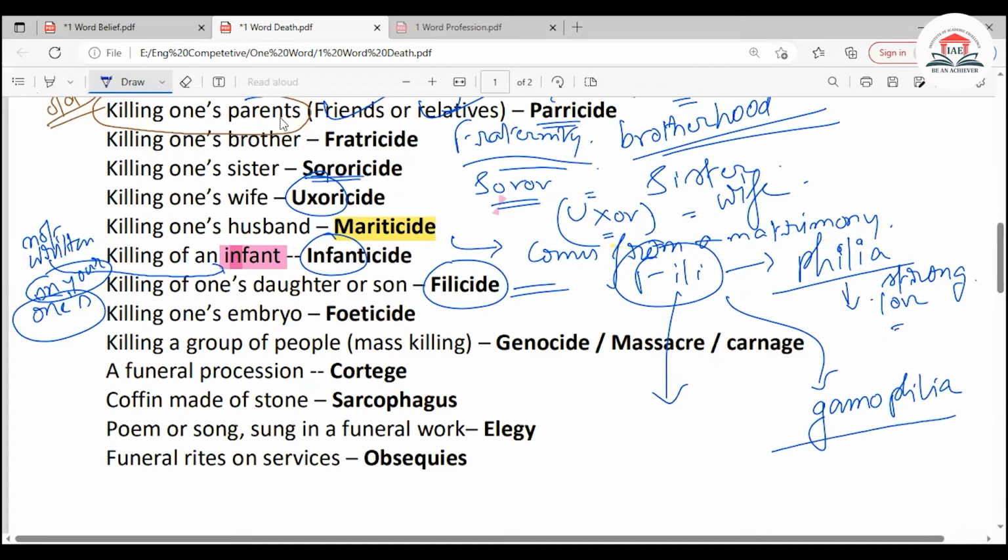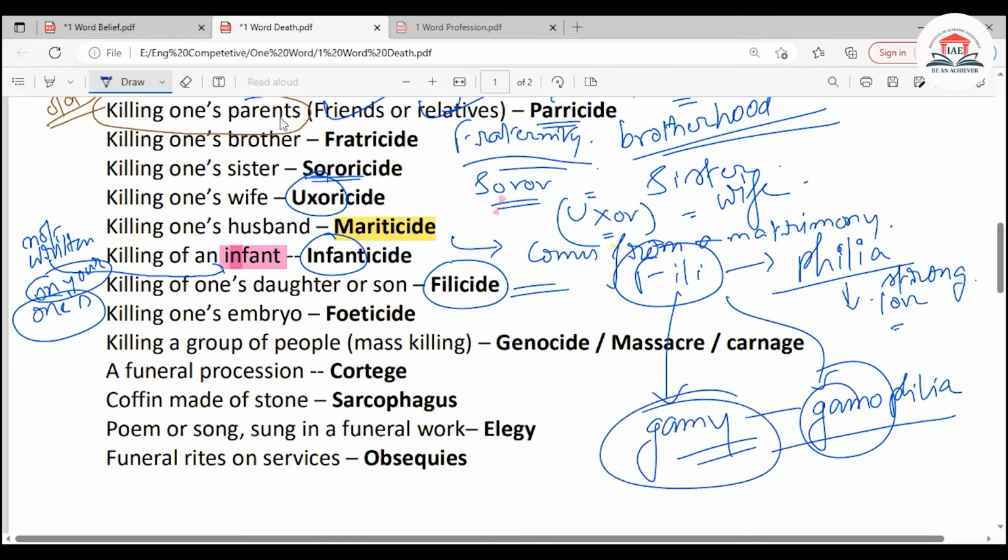Now, what is gamophilia? Can you guess the word? Gamophilia. Gamo means what? Gamy. Polygamy, monogamy. So what does gamy mean?